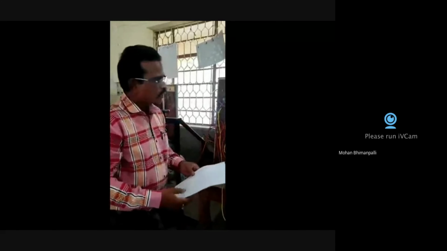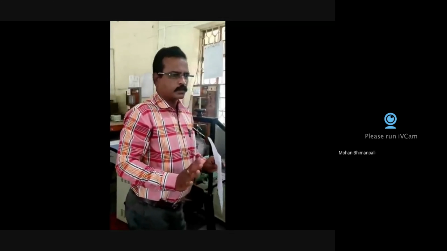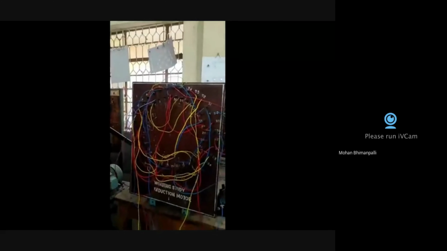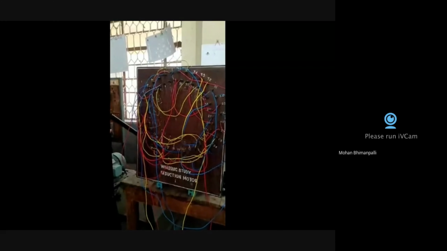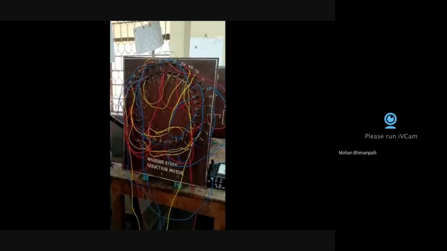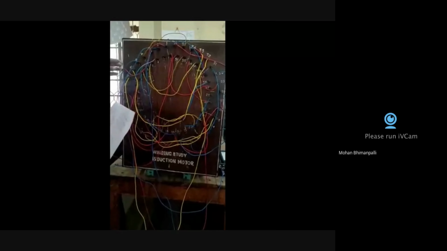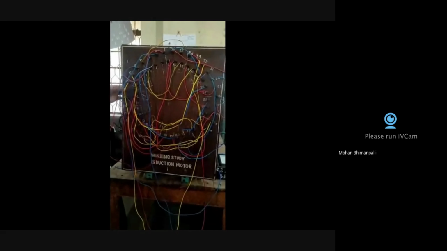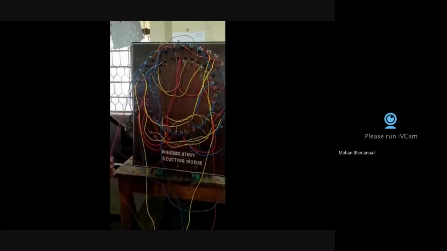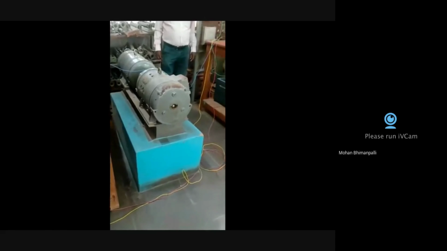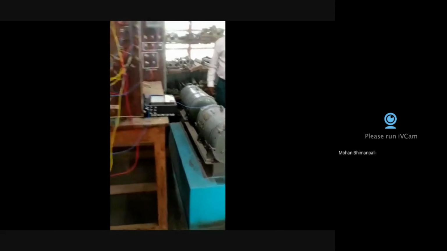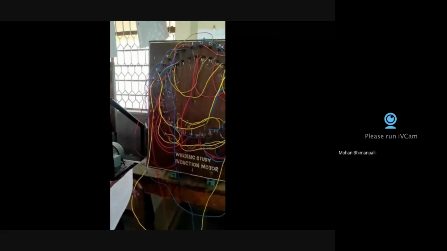As I discussed in the theory class, as per the winding diagram, I have physically connected all the slots depending upon the design of the winding. If you see here, number 1 is connected to the R phase, and number 7 is Y. You see the figure which I have given in the PPT presentation.